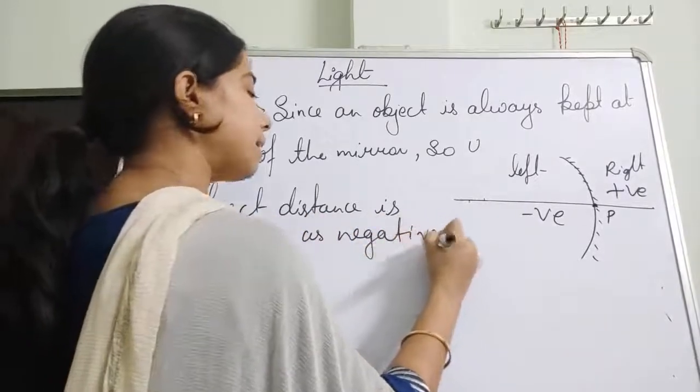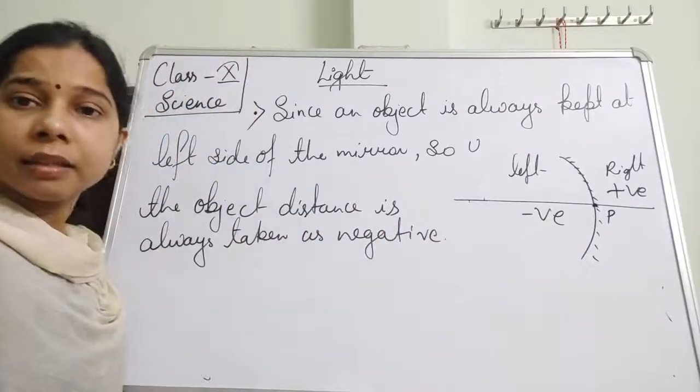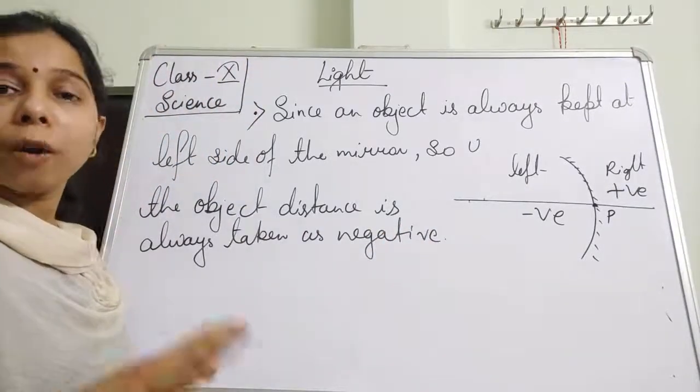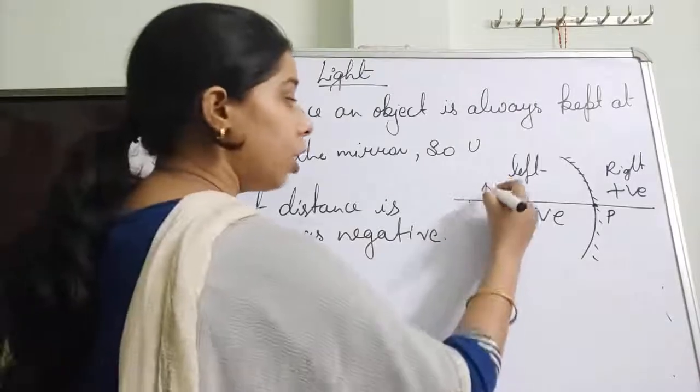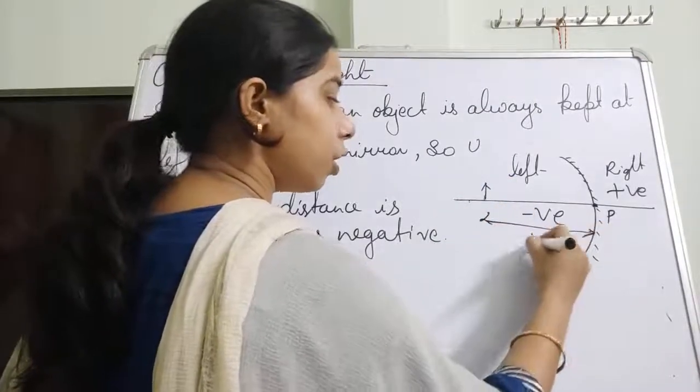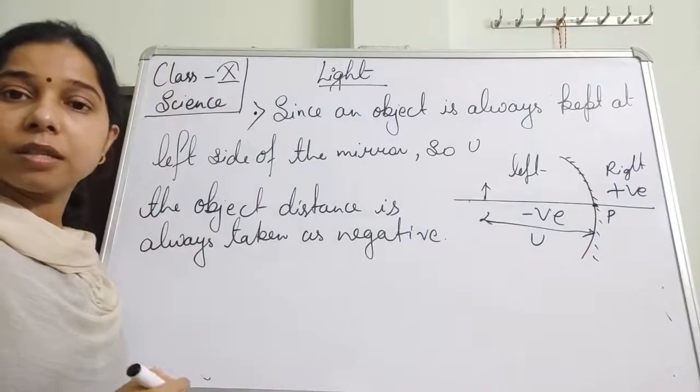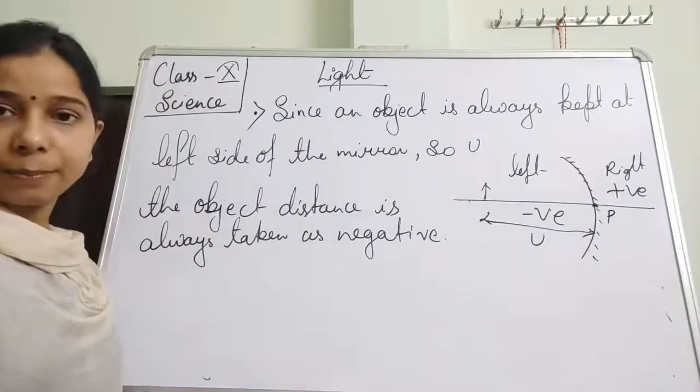So whenever we see the object distance, suppose the object is kept here, the distance from this to the pole is the U only. So this object distance is always negative.